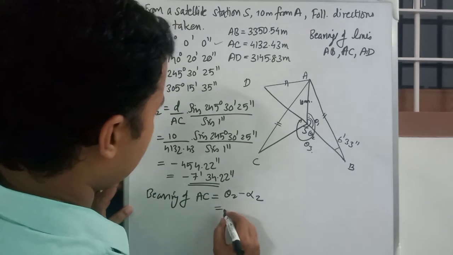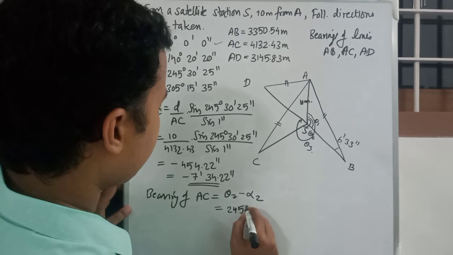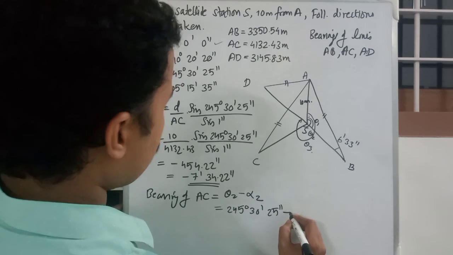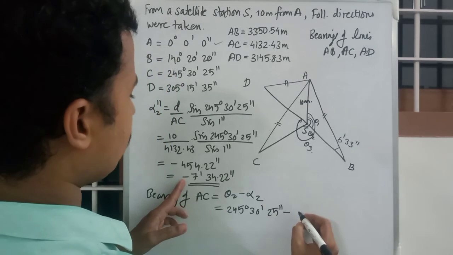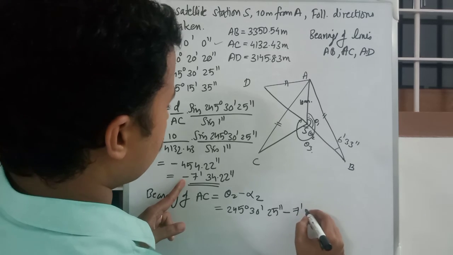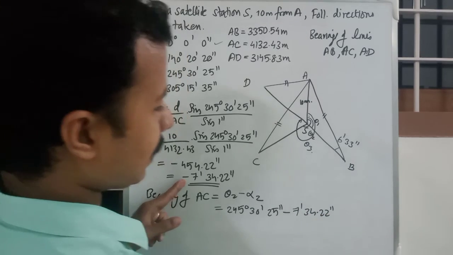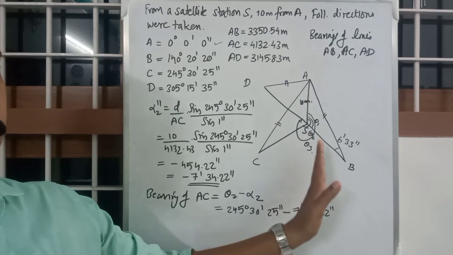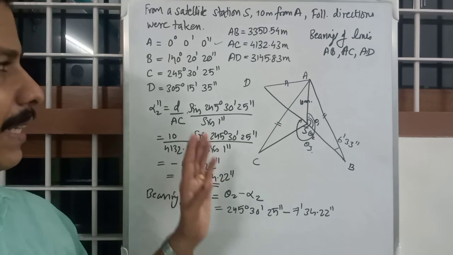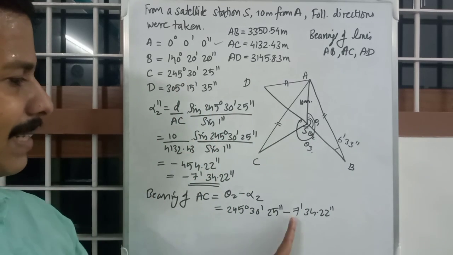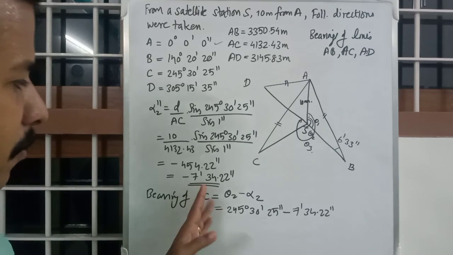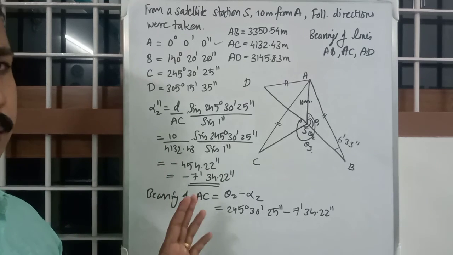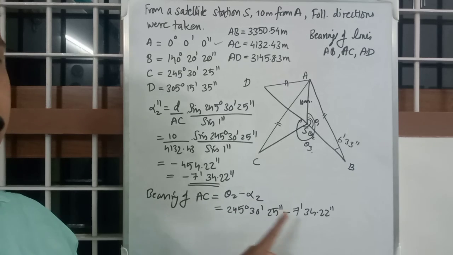That is, theta 2 is 245 degrees 30 minutes 25 seconds minus, no need to consider the minus sign, 7 minutes 34.22 seconds. If you get values greater than 180 degrees in bearings, you just have to subtract that value irrespective of the sign. Even if you get minus or plus, you just have to subtract that value. Obviously, in all cases you will be getting a minus value, so just use it as it is.